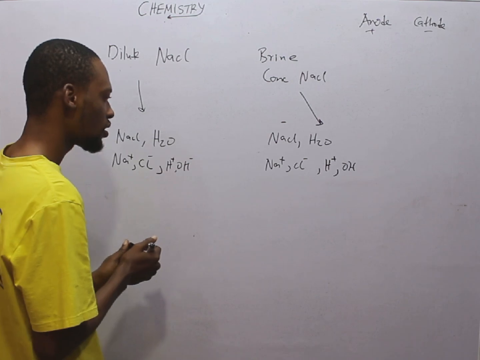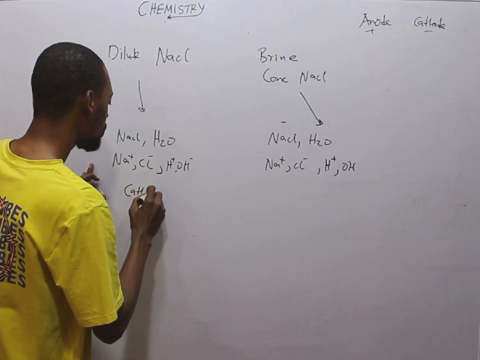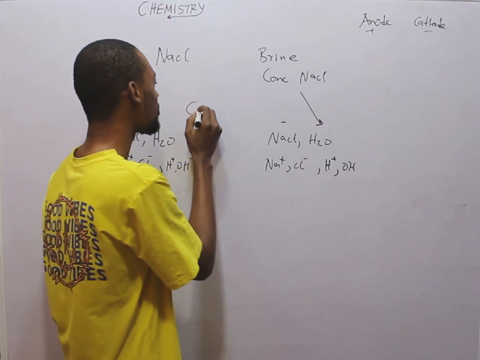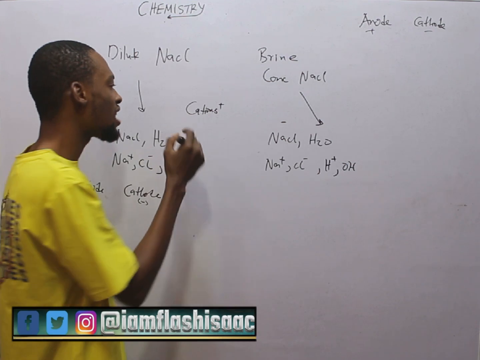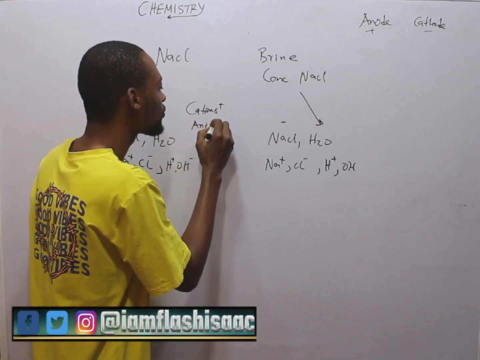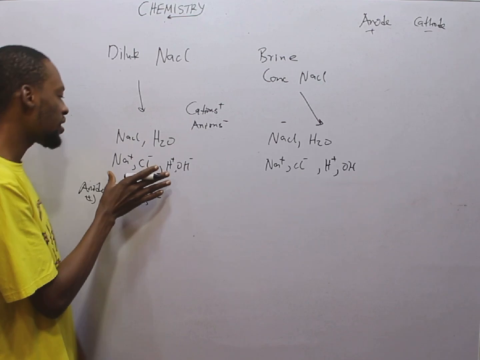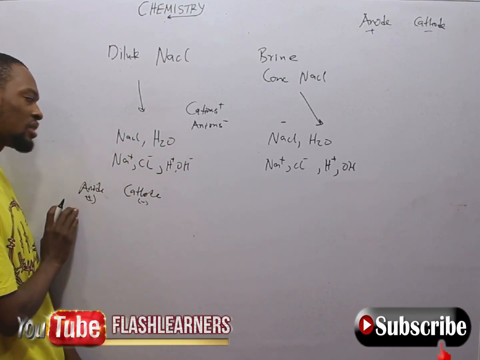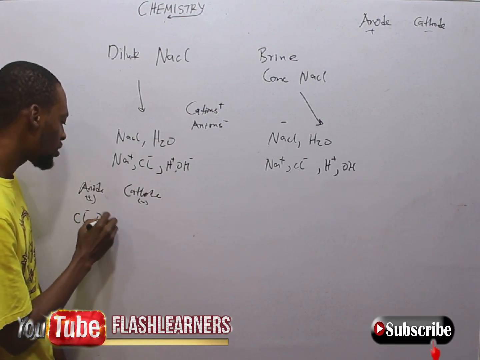What happens? Let's deal with this. Since we have cathode and anode, positive ions are referred to as cations. Negative ions are referred to as anions. Therefore, since the anode is positive, negative ions will migrate to the anode. So in the anode you have Cl-, OH-.